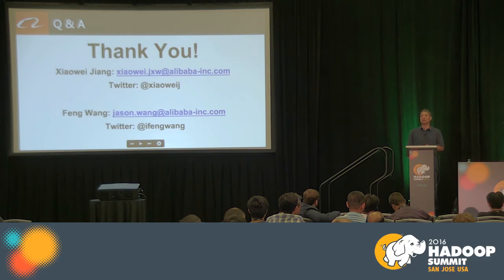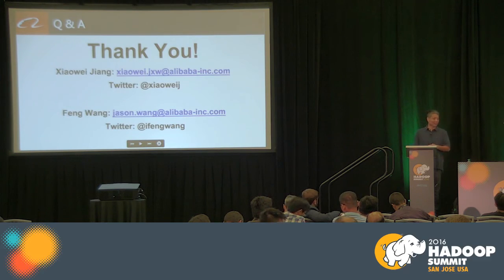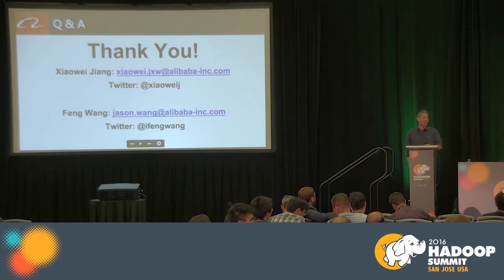We haven't done much tuning yet. That's what we measured. We haven't really done much performance tuning, and we already get that result. That's more than enough for our purpose, so we haven't done much improvement on that.